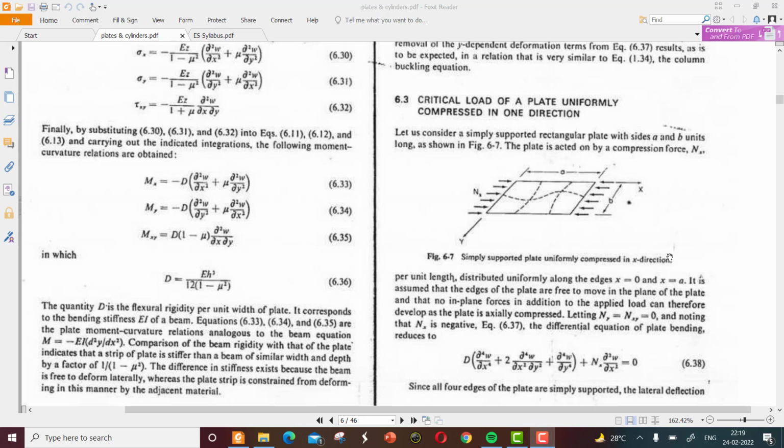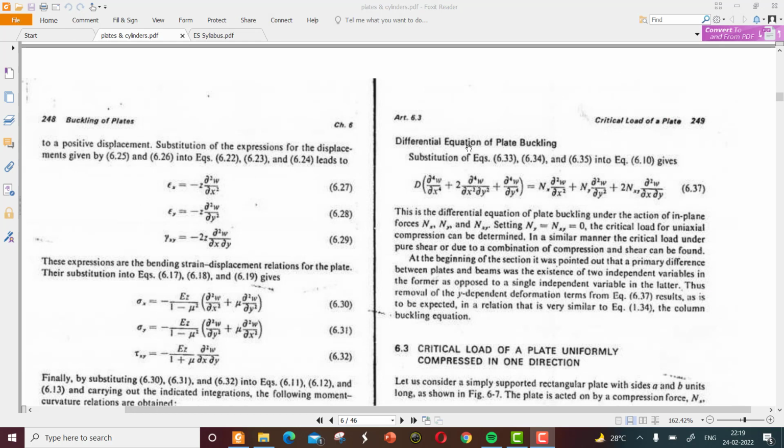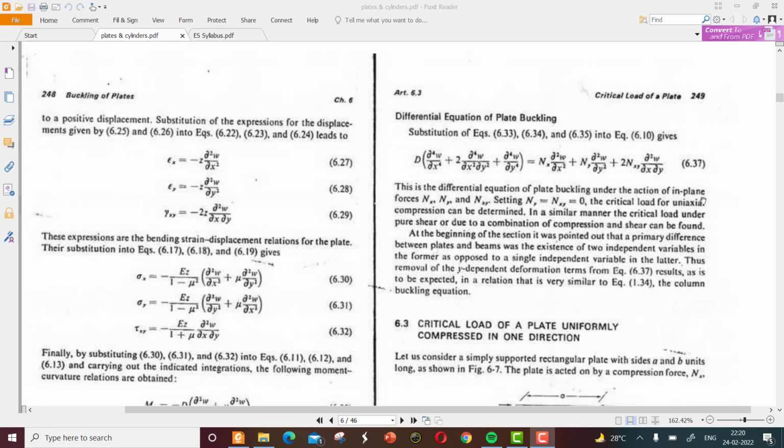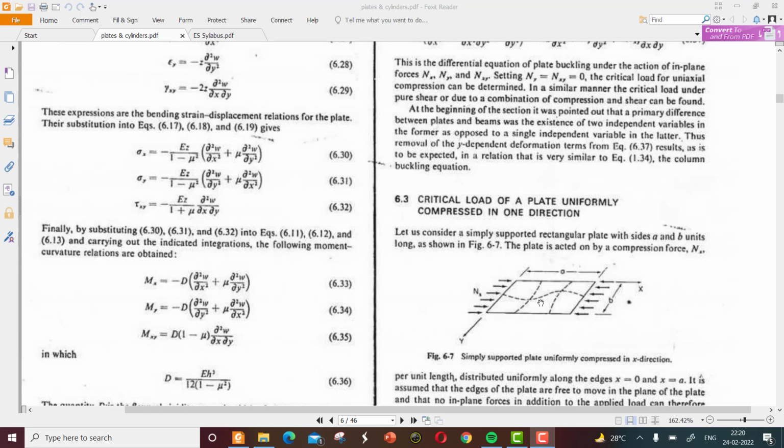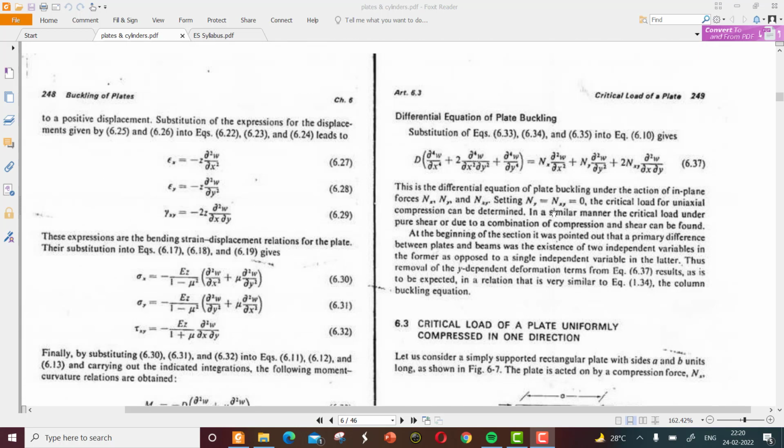So we found the differential equation of the plate buckling in the last video. This long equation 6.37, and for this plate we don't have any ny component, only nx is there. So of this equation the ny component won't be there.